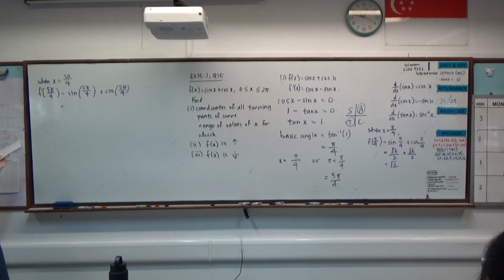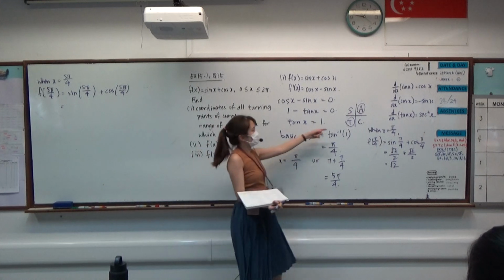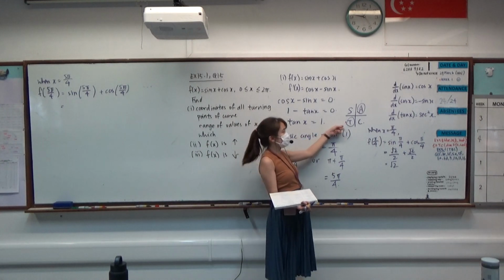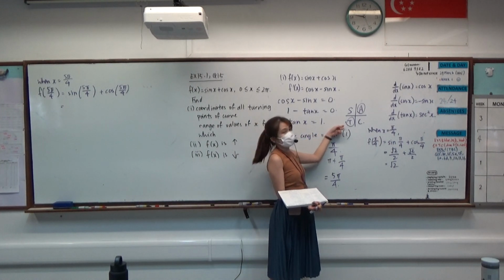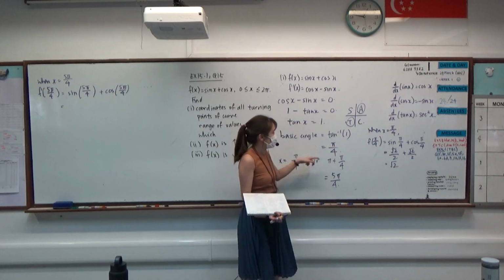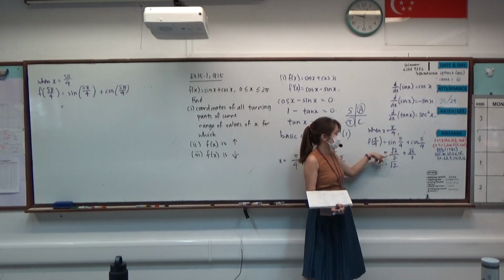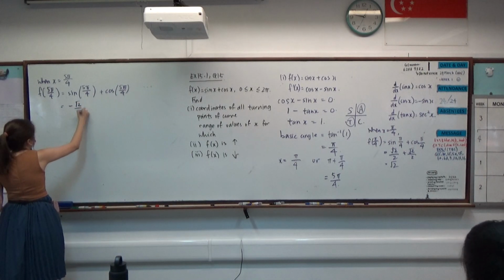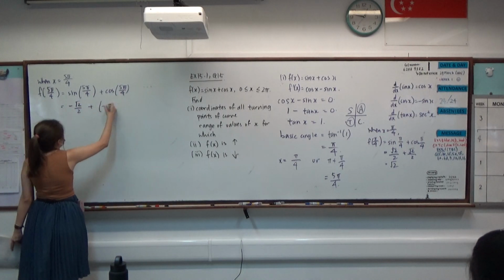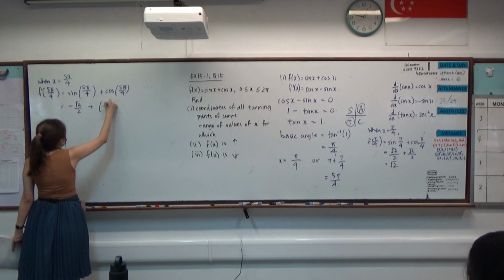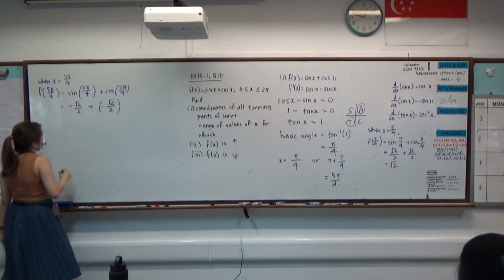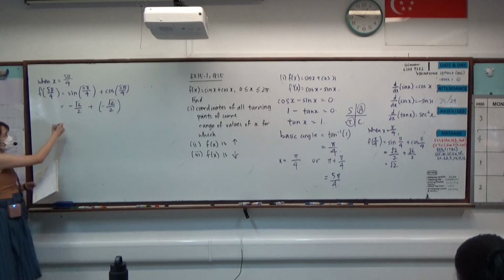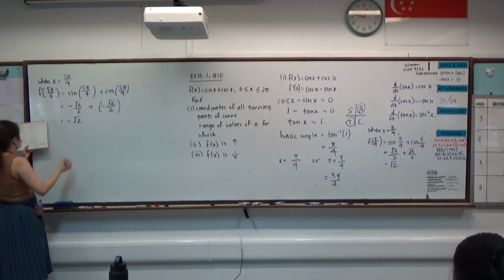Because it is a third quadrant angle, your sine and your cosine will be negative. So negative of what? Negative of your sine pi over 4. So sine 5 pi over 4 is negative root 2 over 2, and cosine 5 pi over 4 is negative root 2 over 2 as well. So we get negative root 2.